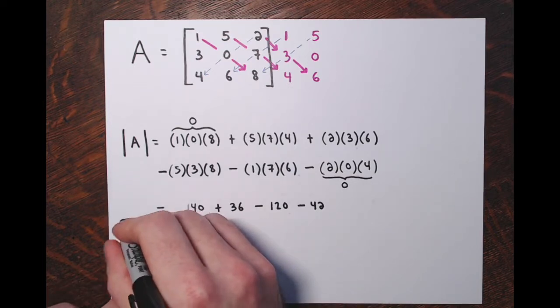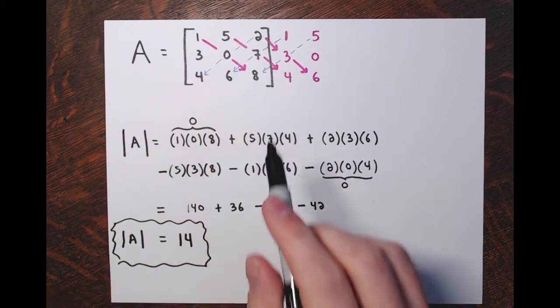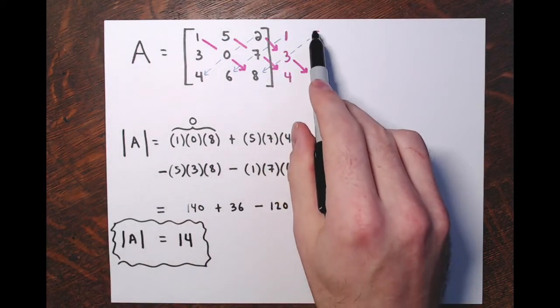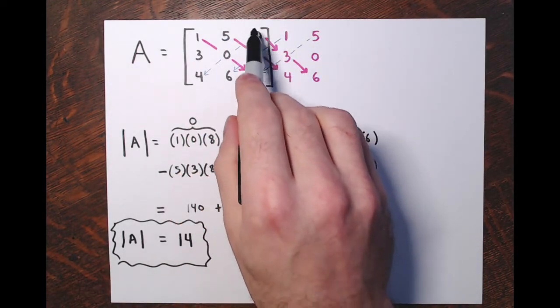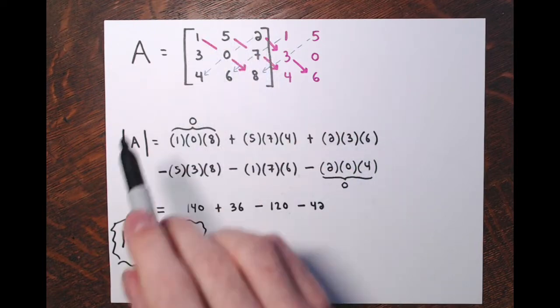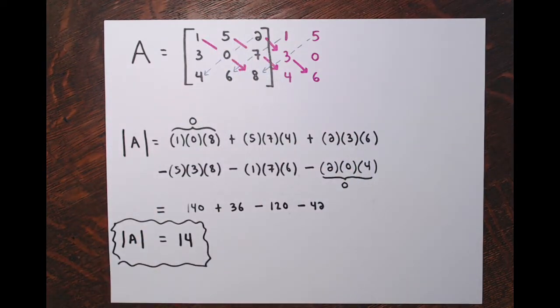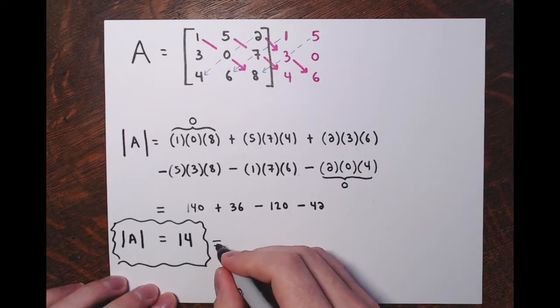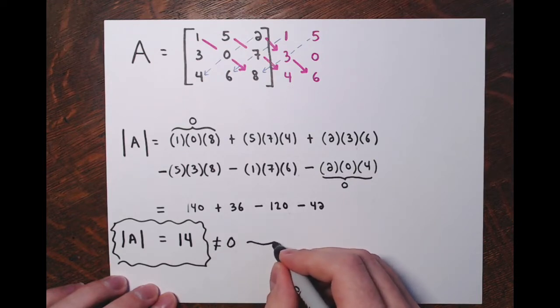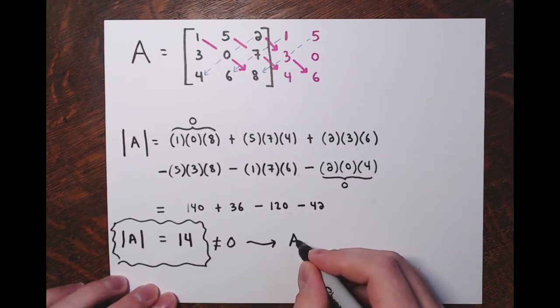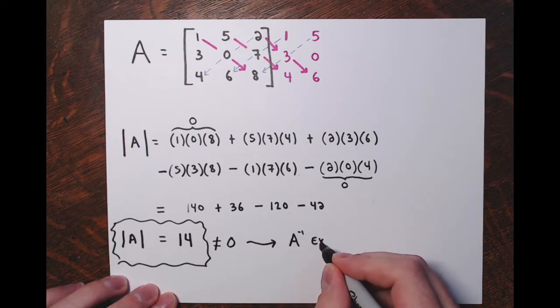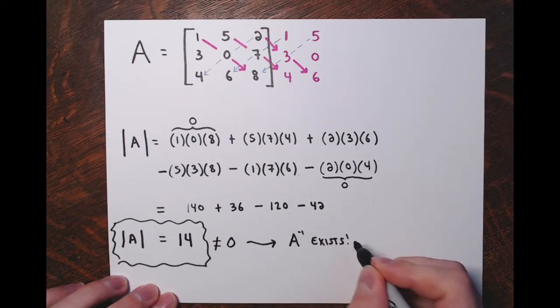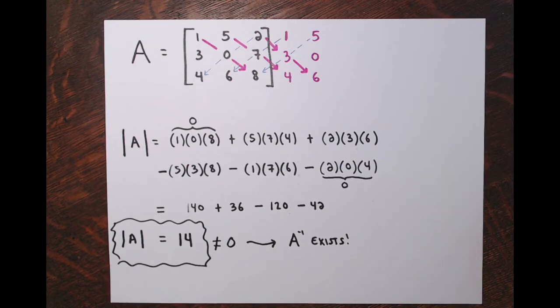So the determinant of this 3 by, no, I mean, again, ignore the columns that I copied. The determinant of the 3 by 3 matrix A that we started with is 14. And again, this is not 0, meaning that A inverse exists. If it were 0, it wouldn't have an inverse.